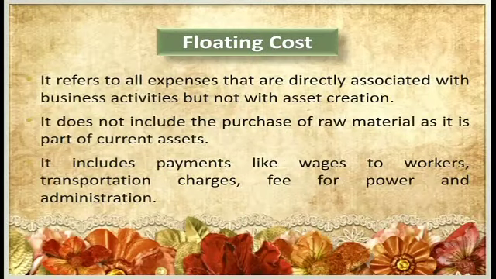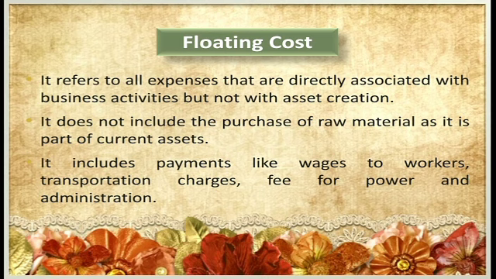Next, floating cost. It refers to all expenses that are directly associated with the business activities but not with the asset creation. It does not include the purchase of raw material as it is a part of current assets. It includes payments like wages to workers, transportation charges, fee for power and administration.